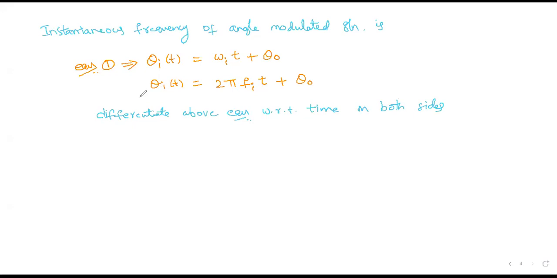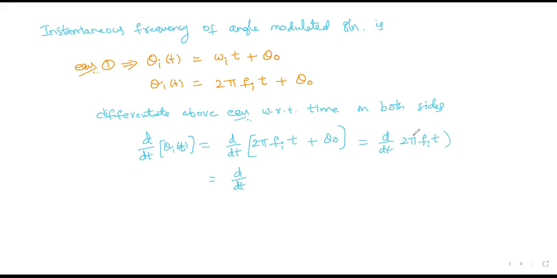It's just the differentiation, d by dt of theta I of t. The right hand side is d by dt of 2 pi into fi into t, plus d by dt of theta naught.